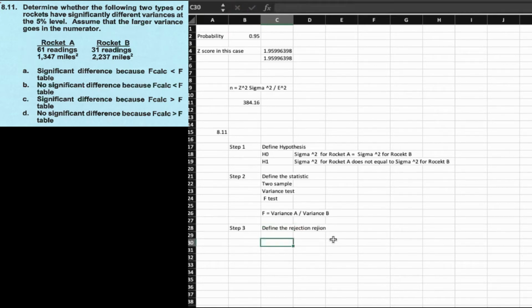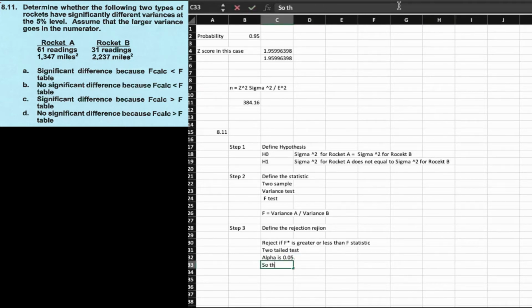So reject if F star is greater or less than the F statistic. And this is a two-tail test. This two-tail test, alpha is 0.05.